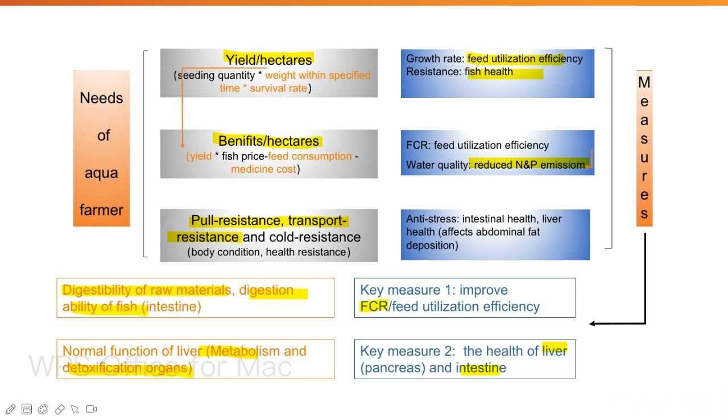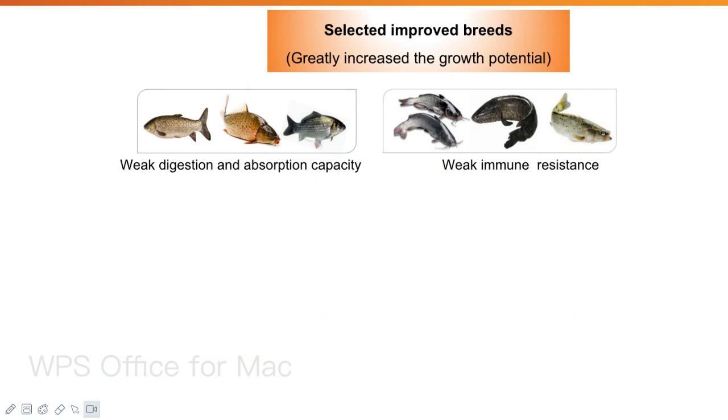And in order to improve the economy benefits of the aquaculture, it stimulates the speed up of the improvement of the breeds. So the growth potential of aqua has been greatly improved, but their digestion and absorption capacity and immunity have declined.